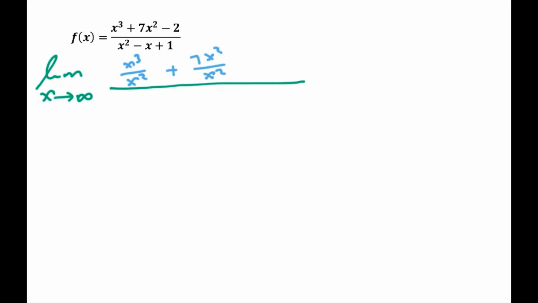Now, how are we going to show this in a formal algebraic method? We're going to do the same thing we learned before: dividing everything by x squared. Okay, so x cubed over x squared, simplifying.